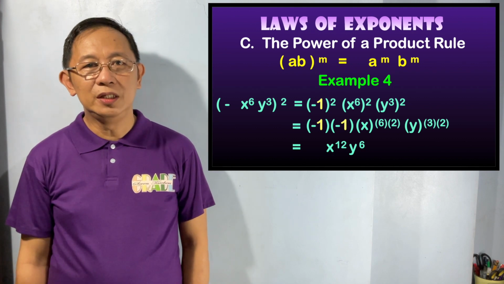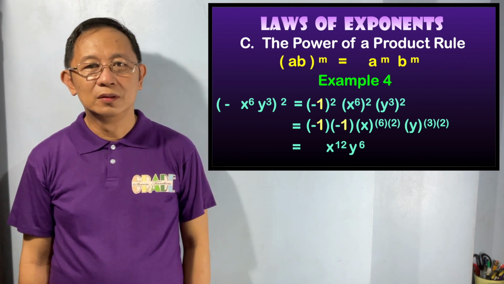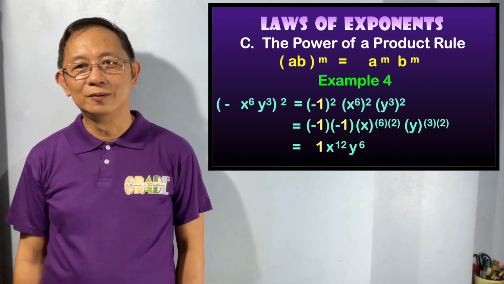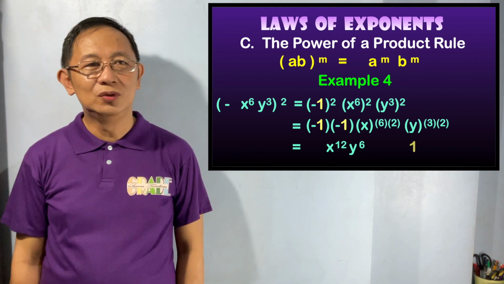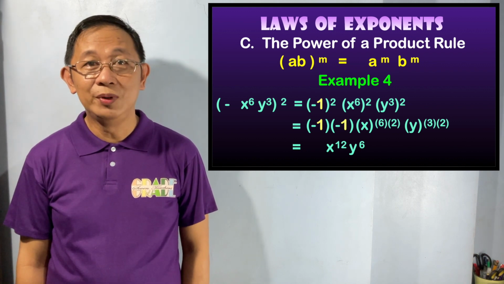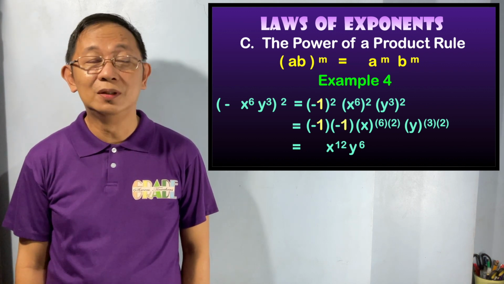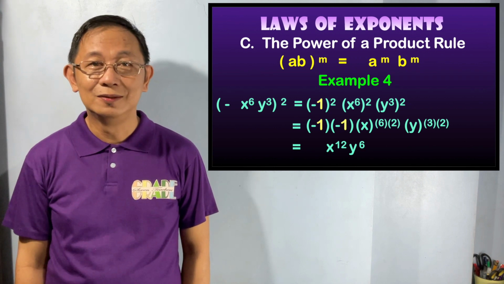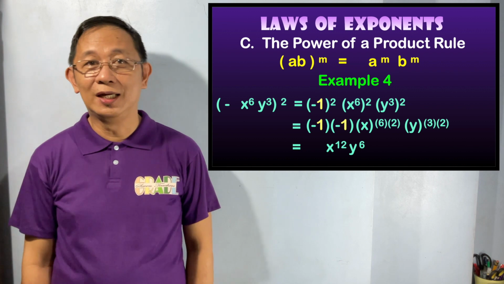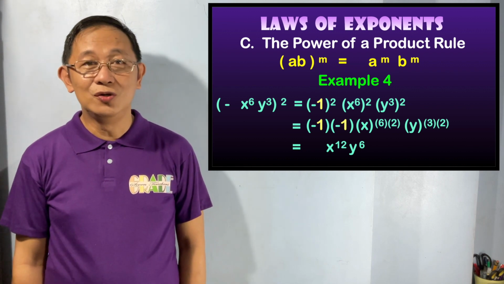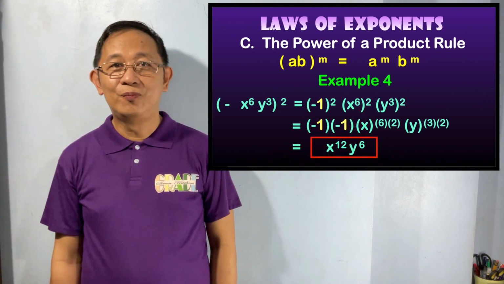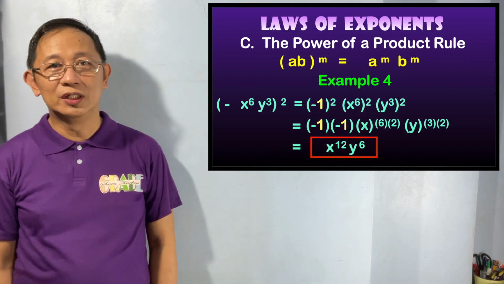The product is 1, but we cannot write 1 before a variable, so we remove it. So this is the final answer: x to the 12th power, y to the 6th power.